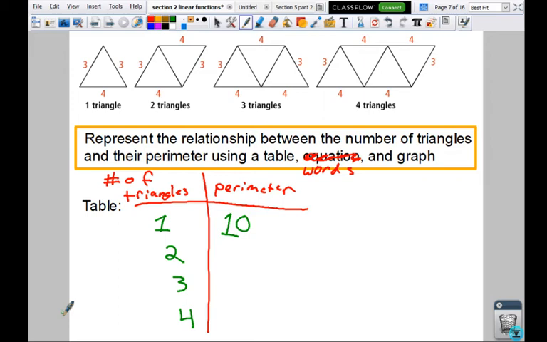So fill out the rest of this table. If you think you're doing okay with these, you can start on the words part and stuff.